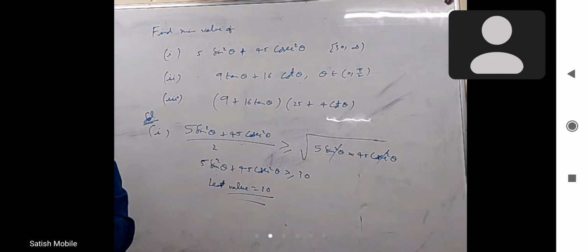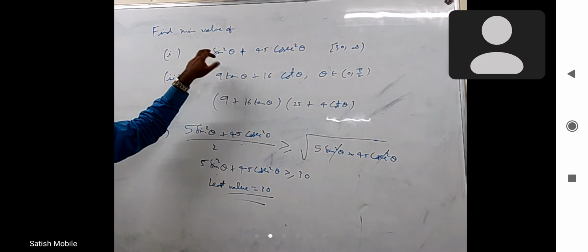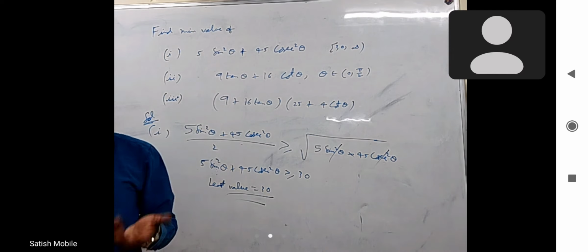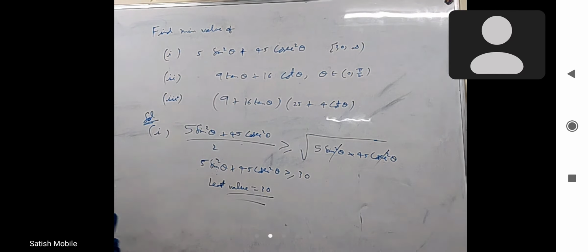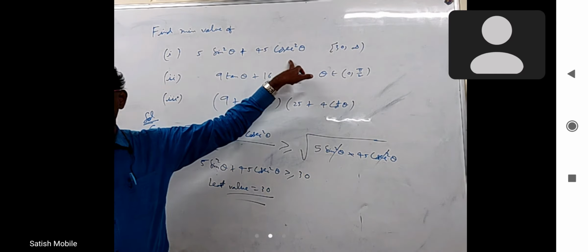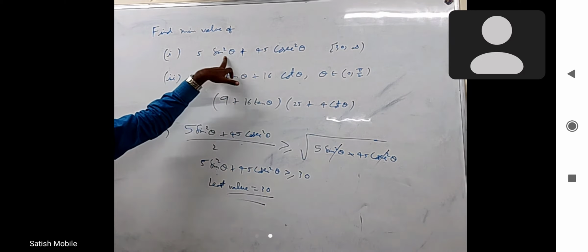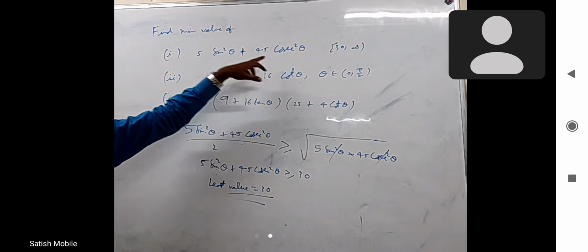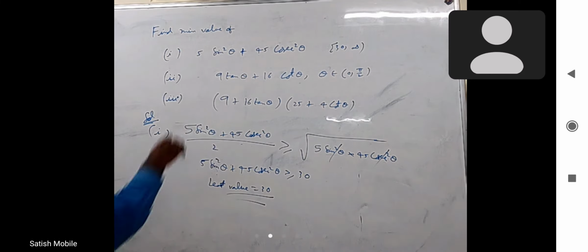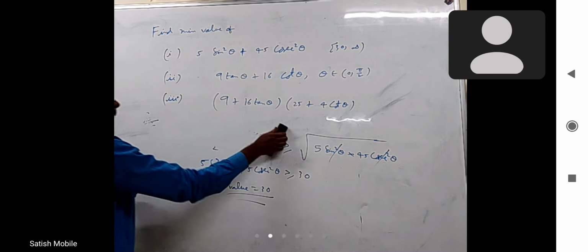When theta is very close to 0 degrees, sin square theta is close to 0. But what will happen to cosecant square theta? It will be close to infinity. For example, if you take 0.001, this value may be 0.001, but at that time this will be 1000. When this is around 0.0000001, this may be 1 lakh, 1 crore, things like that. It's all the way up to infinity. So it has only a minimum, no maximum.